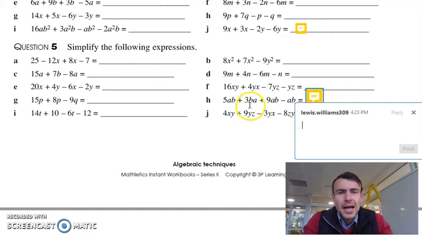Now, AB and BA are the same when it comes to algebra. It's like saying 2 times 3 and 3 times 2. So I can treat them the same way. My 5AB plus my 3BA actually means the same thing. So it's like saying 5AB plus 3AB plus 9AB take AB.